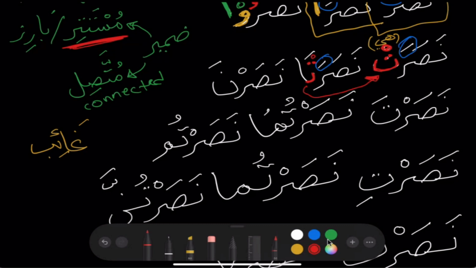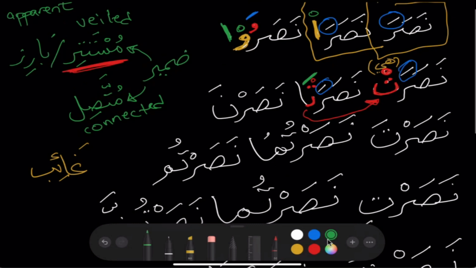It's the same ta though, but we have to put a fatha on this ta because we want to bring an alif. And a real alif, this alif which is the pronoun, always has a sukun over it. Yani, always has sukun and always has a fatha before it. And we want to produce a real alif here.